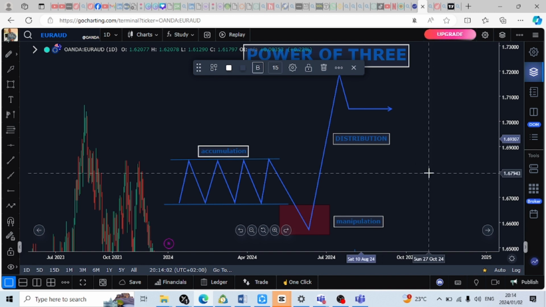So you'd see that we are basically looking at how price is delivered, price delivery that normally takes place on a daily basis, or it can also take place on the monthly or the weekly. But in our analysis today, we'll be focusing on how the accumulation, manipulation, and distribution concept is applied on a daily basis or time frame.